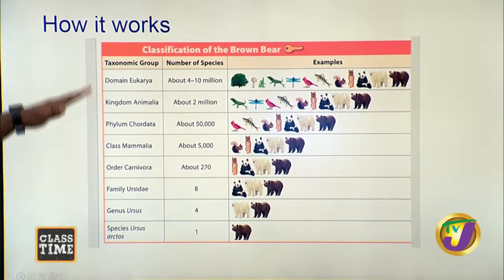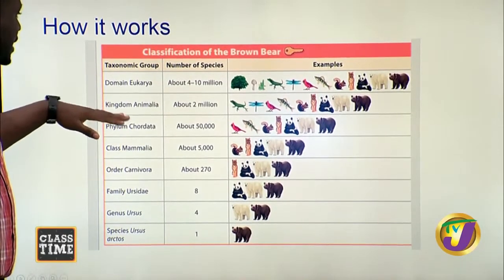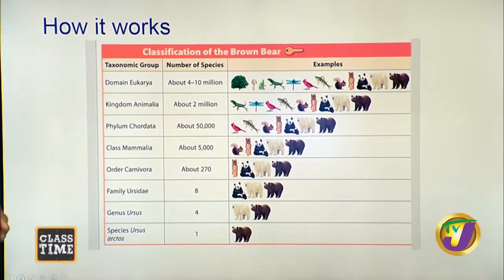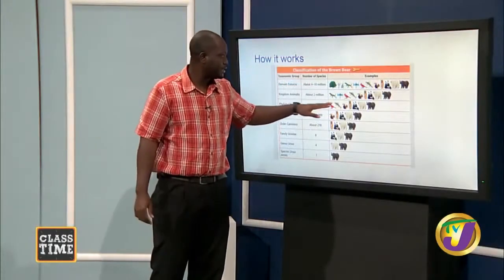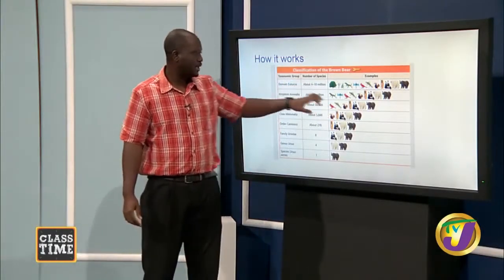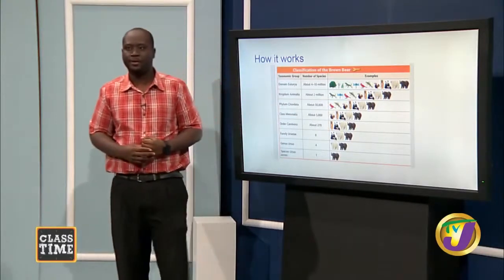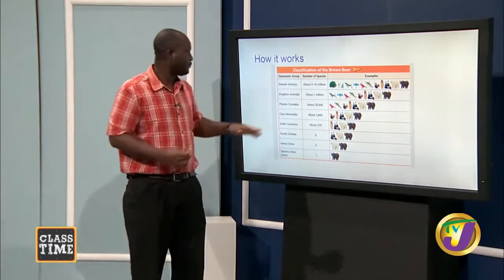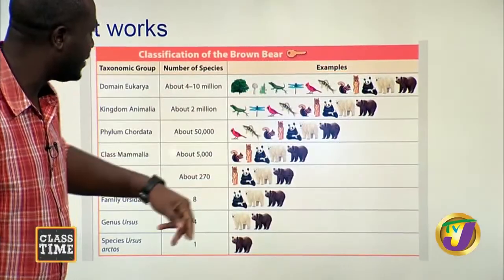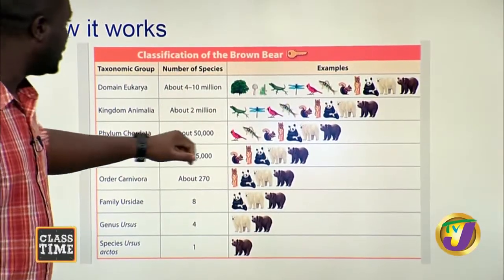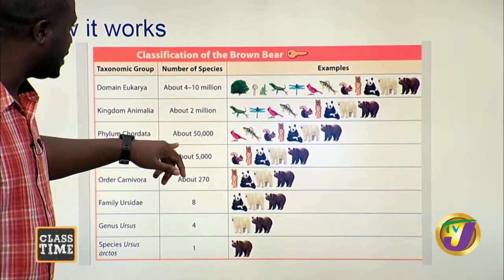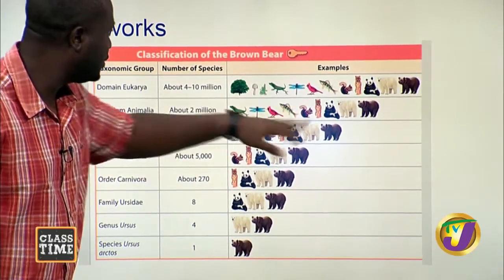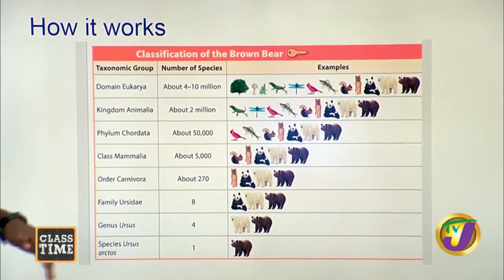But as you go down, for example to the phylum Chordata, some organisms will be eliminated because they do not have a notochord, which is a primitive form of your spinal cord. Your dragonfly right here does not have a primitive spinal cord, and so it'll be out.